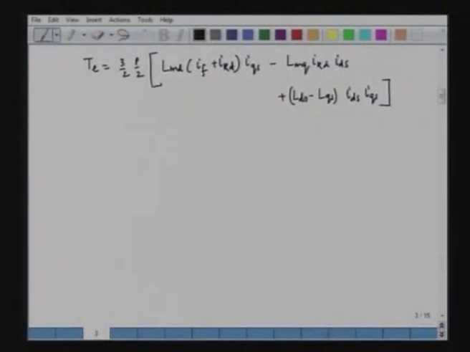So, just to recapitulate what we have done in the last lecture, we can go back to our phasor diagram. We have the d axis here and this is our q axis.